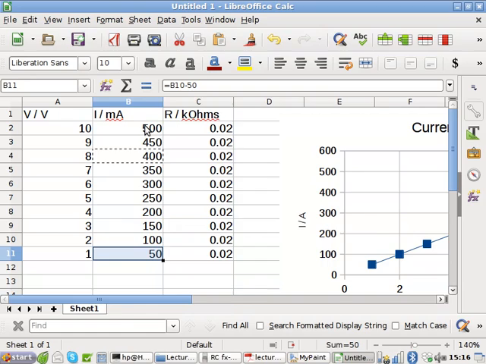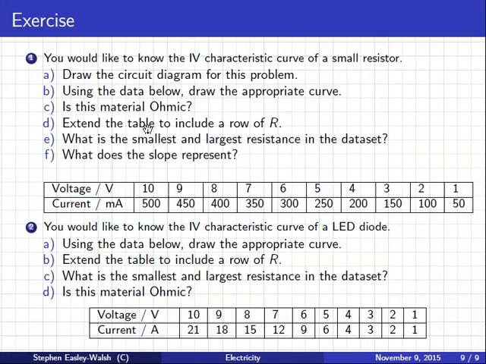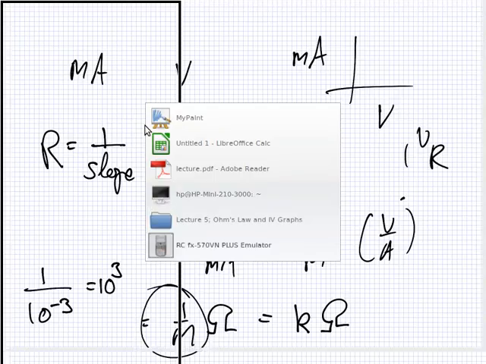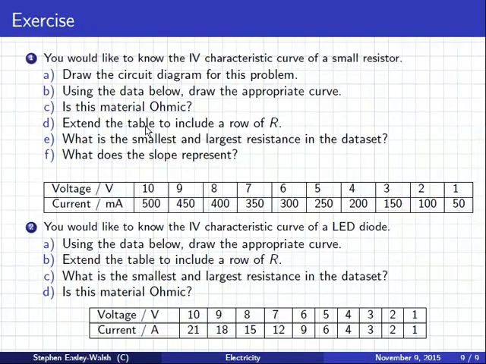Oh, okay. Yes. What is the smallest and largest resistance? Both the same, 20 ohms. And what does the slope represent? 1 over the resistance. Part 2 is the same, except the numbers are different.